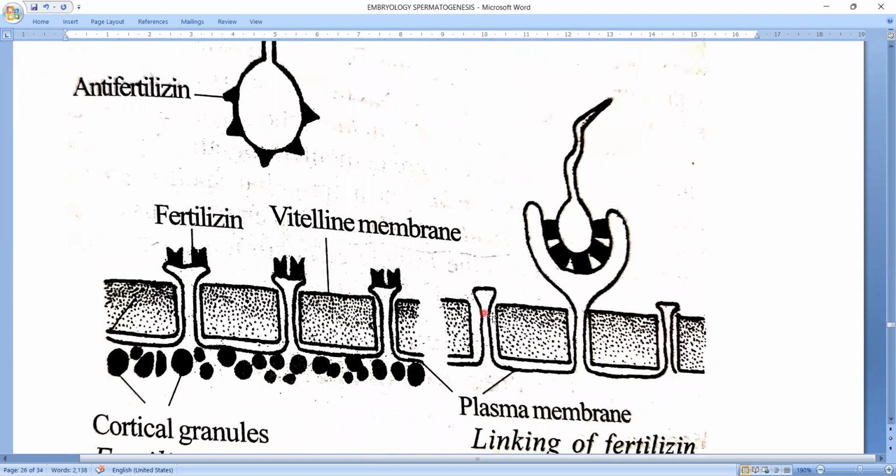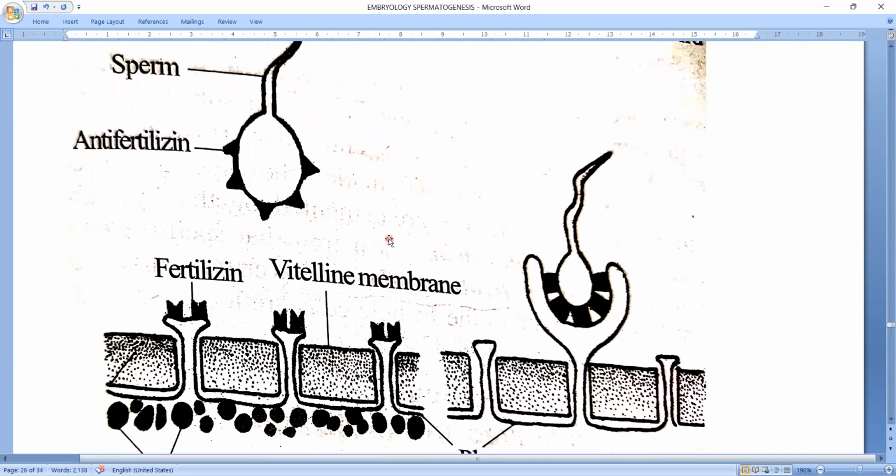These are the fertilizing membranes or fertilizing proteins. So this is how the sperm will come and bind to these fertilizing molecules with anti-fertilizer. Here there are two important features of this fertilizing and anti-fertilizer reaction.